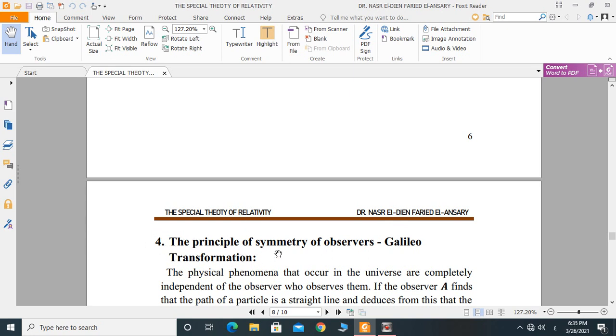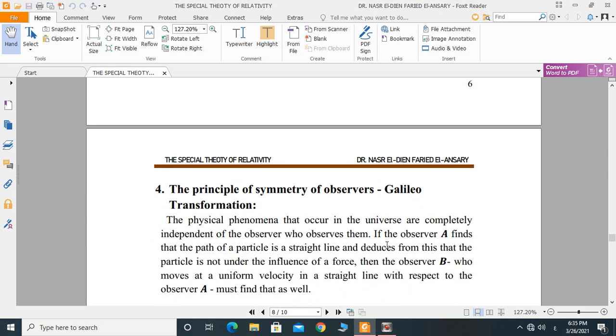The principle of symmetry of observers and Galileo transformation. The physical phenomena that occur in the universe, in space, are completely independent of the observer who observes them.